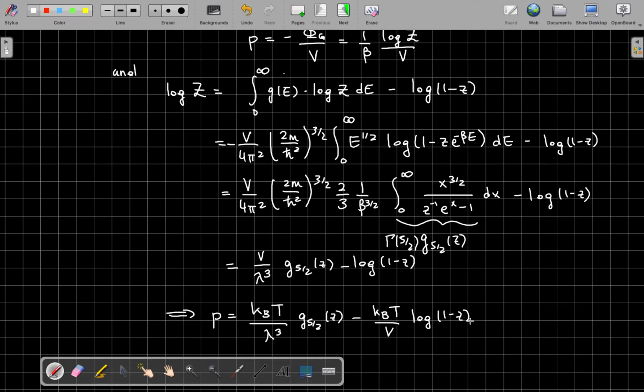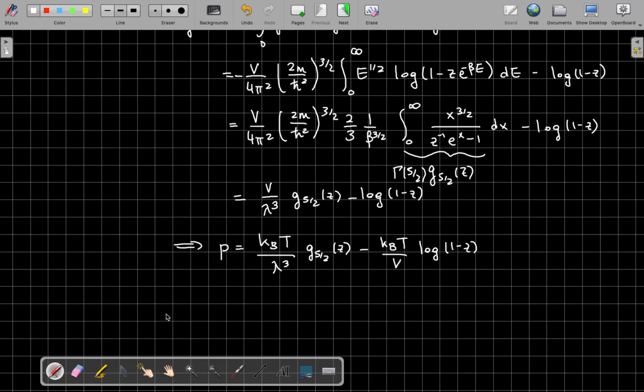Now notice, if we're above the critical temperature, so if T is greater than Tc, then z is less than 1. So log of 1 minus z is finite.